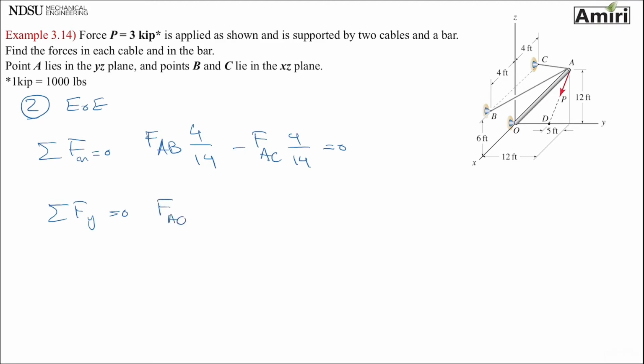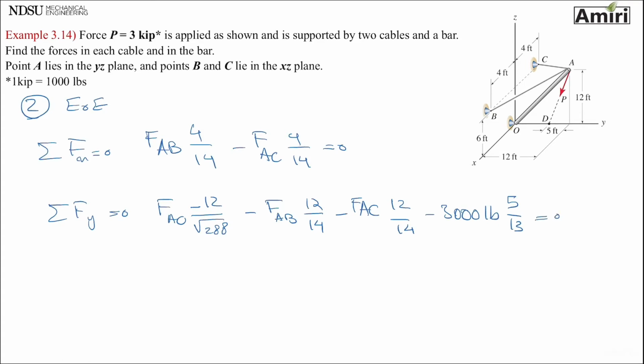FAO minus 12 over 288. FAB 12 over 14 minus AC 12 over 14 minus 3,000 pounds 5 over 13. These have units of feet over feet, which cancel out, and that's why I didn't include them. You notice I put the negative here versus I put them here.